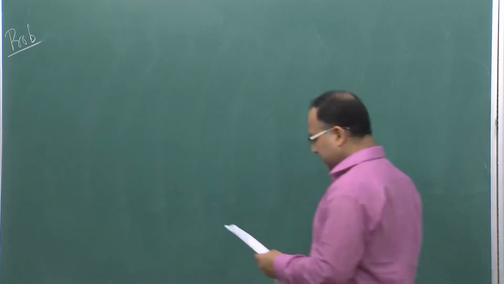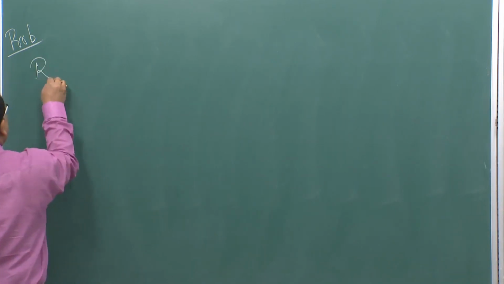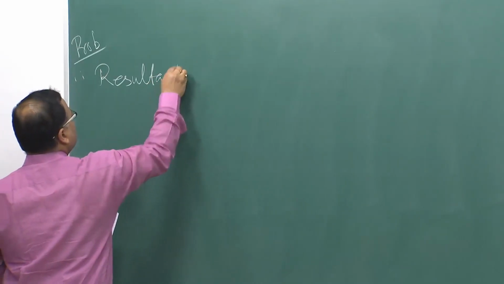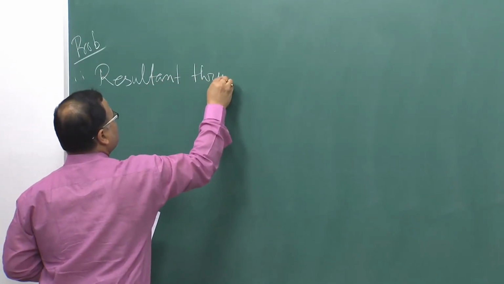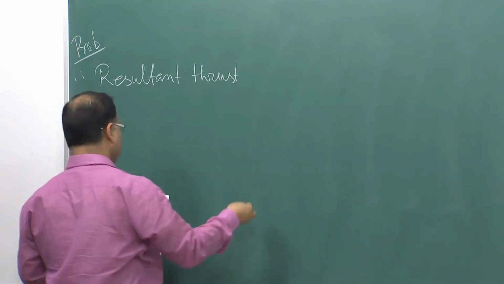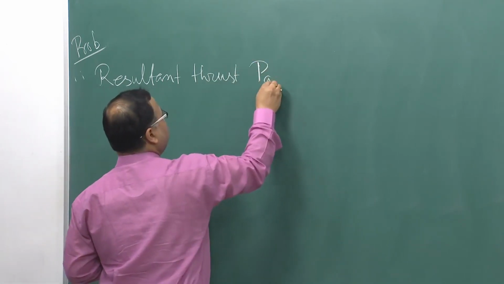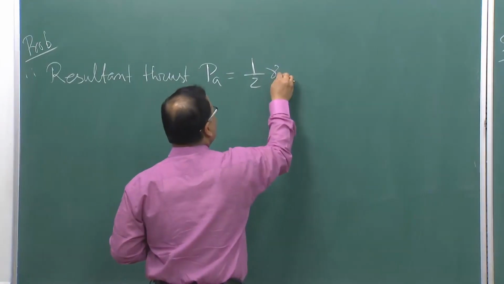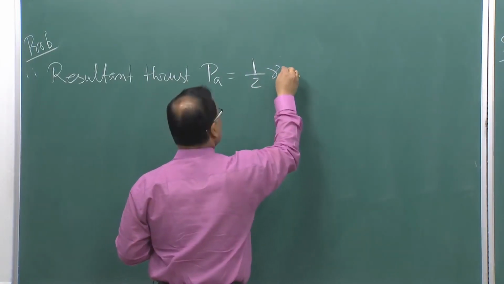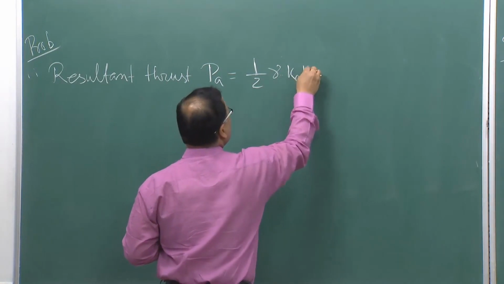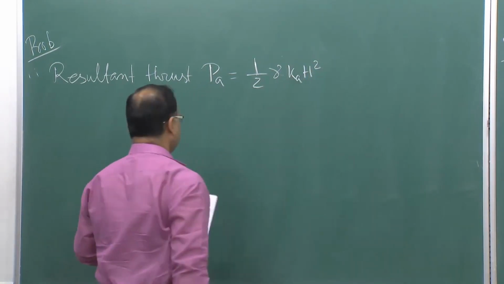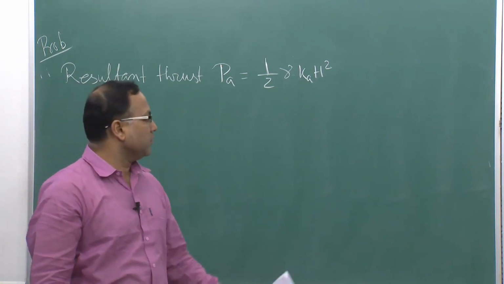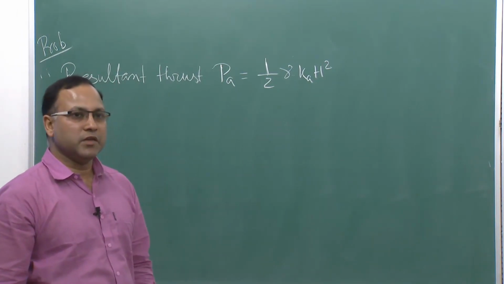So, the resultant thrust PA is equal to half into gamma into Ka into H square. The formula remains the same, only the Ka expression will be different.